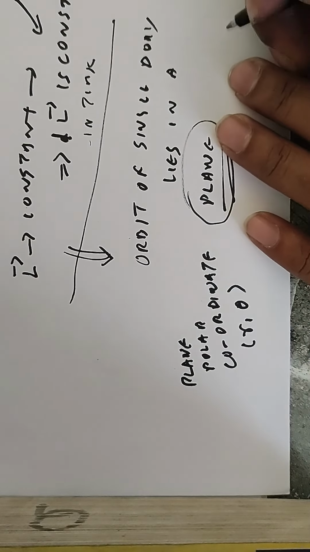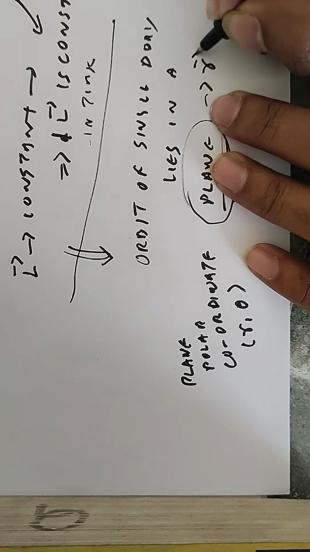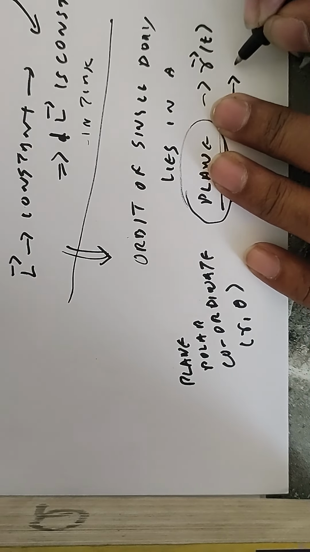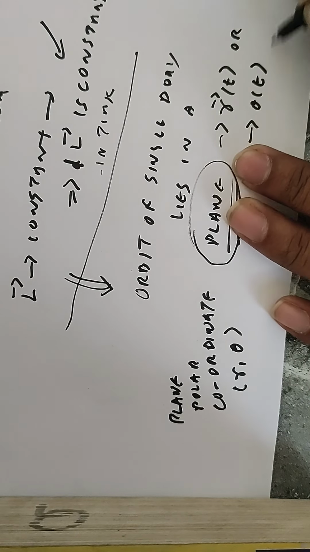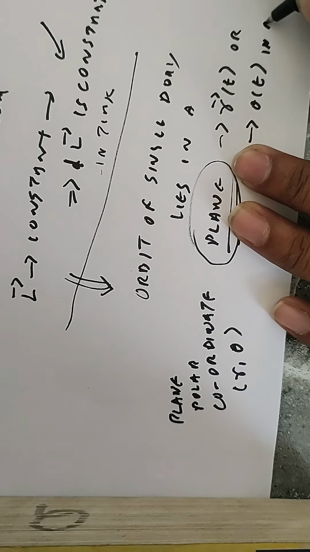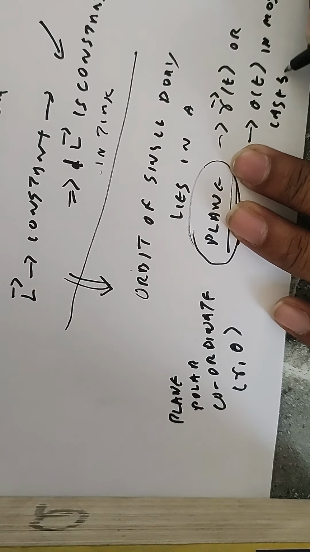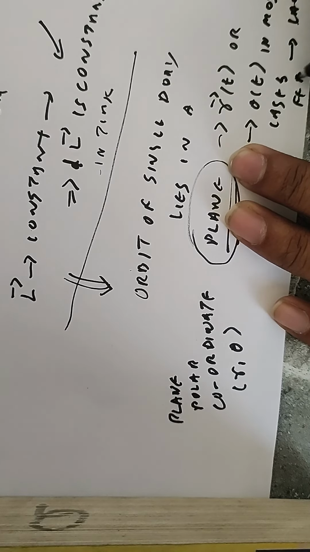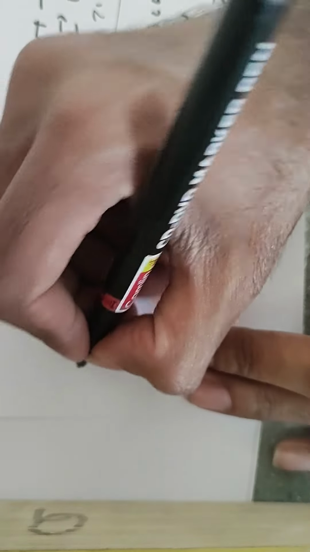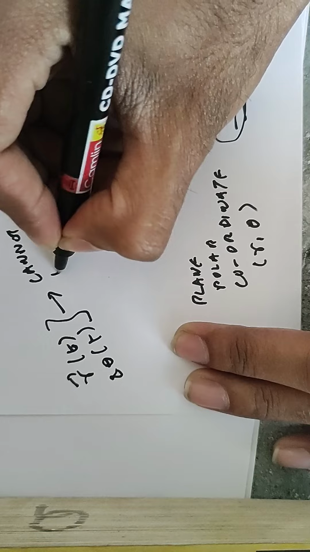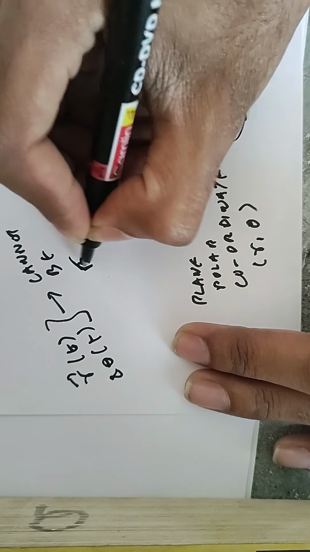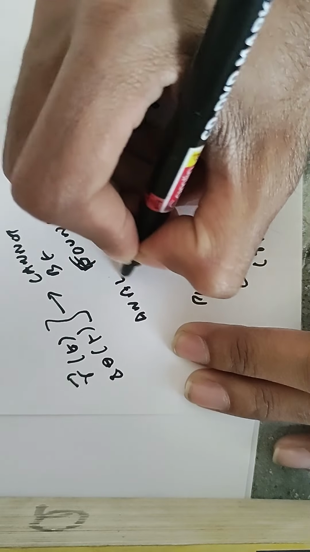As I told you earlier in the lecture, r as a function of time, or for that matter theta as a function of time, in most cases cannot be found analytically.